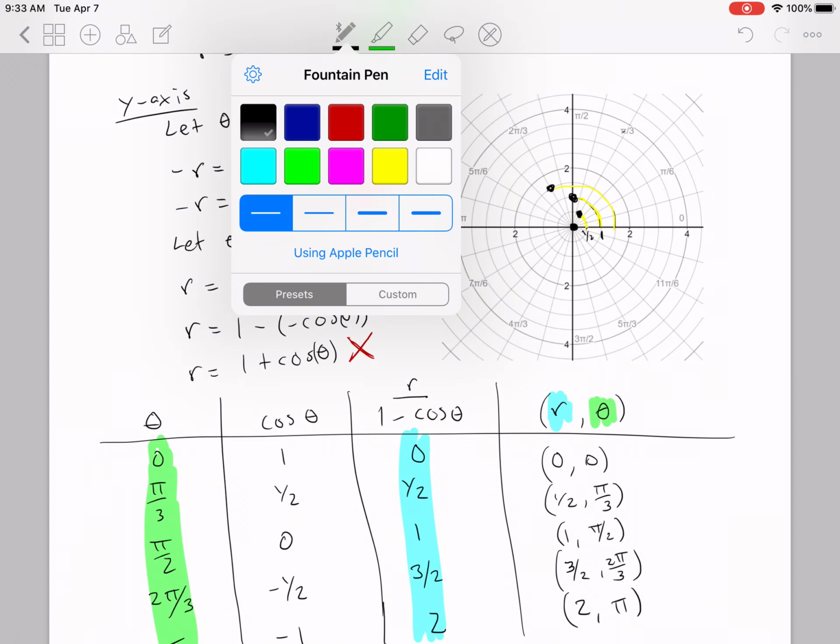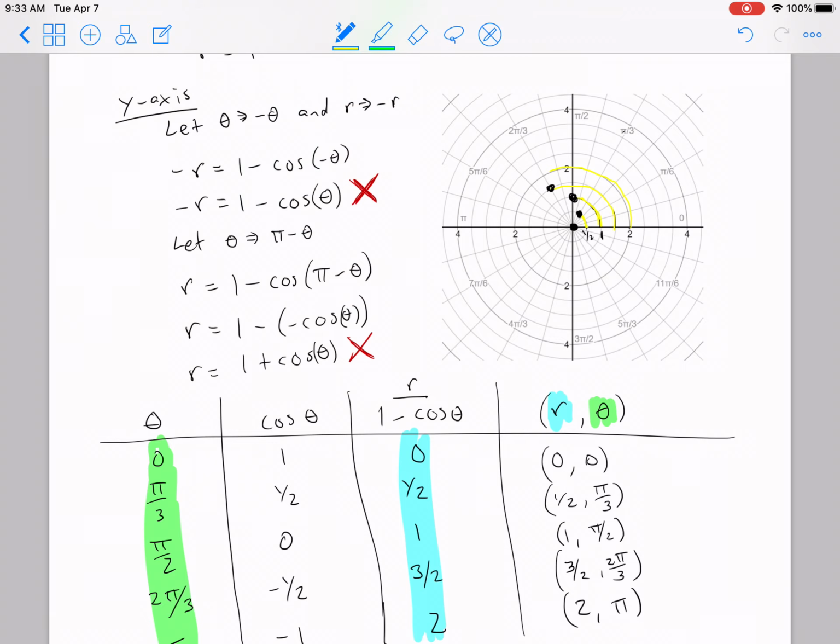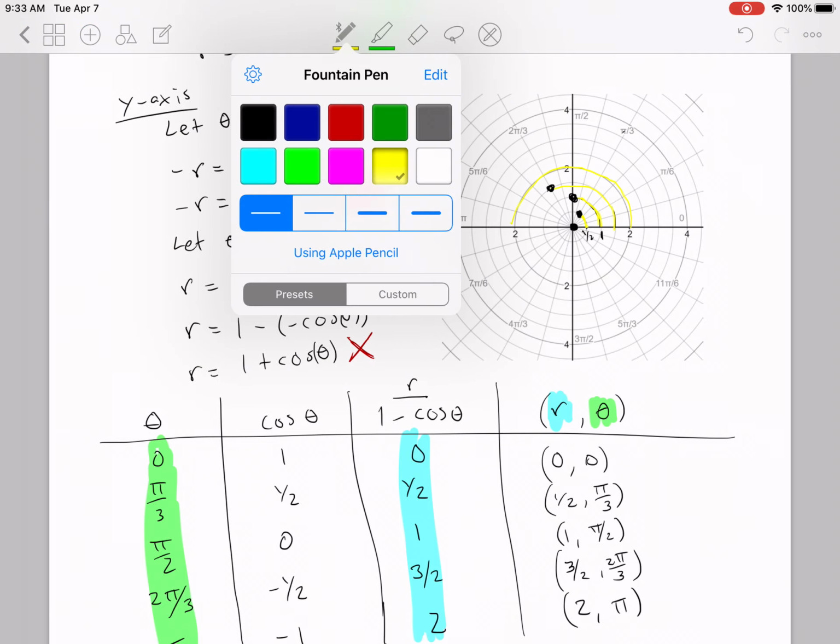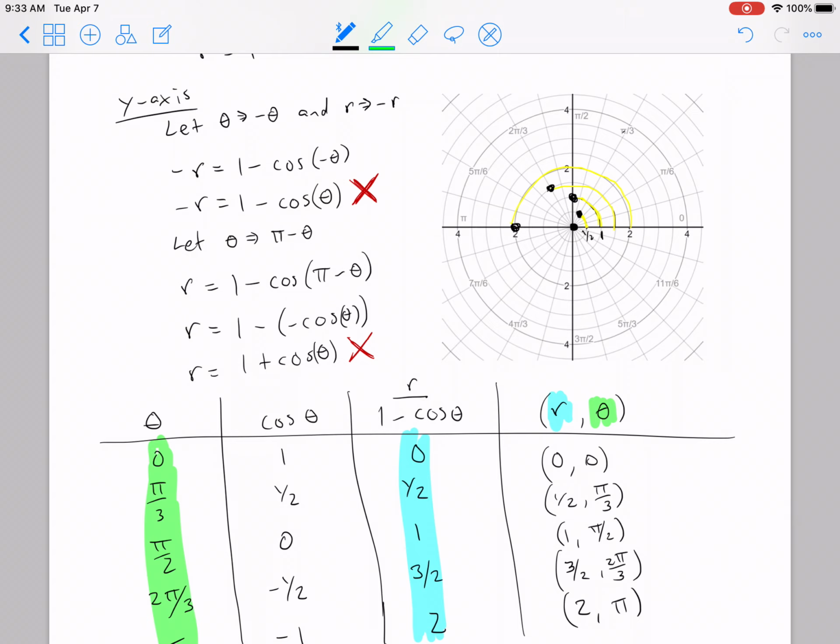So we go out to the radius 2, and we go around till we hit pi, and our last point goes right there. And so if we connect these points, we get a shape like this. And then all we have to do is mirror image this around down on the bottom, and you get something like that. Okay? And so there we go.